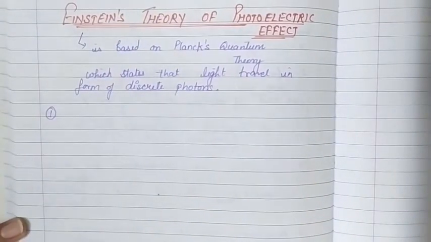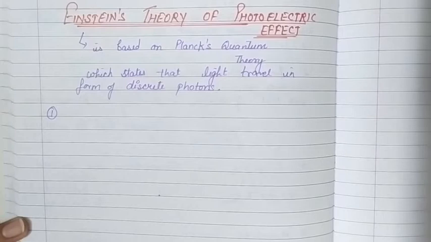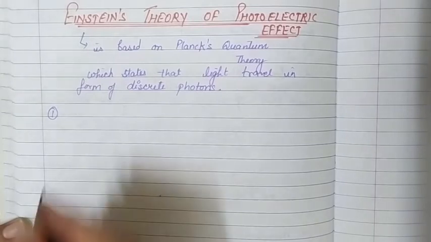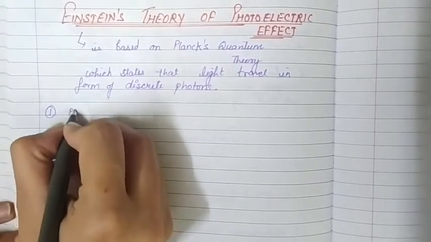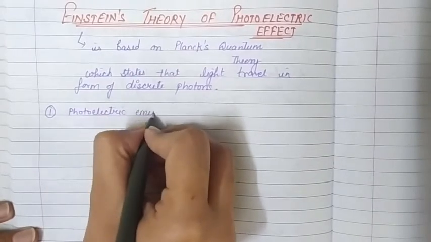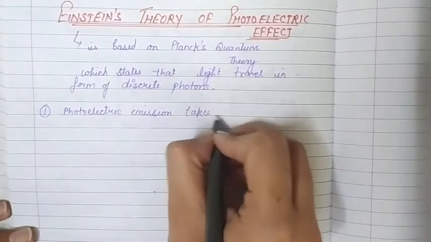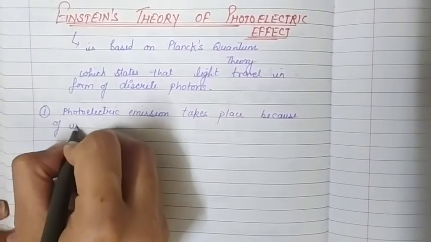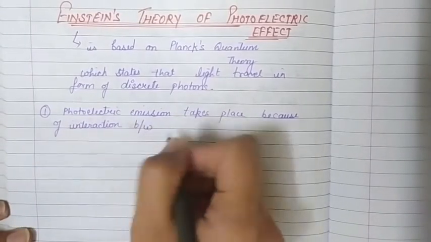Photoelectric emission is because of the interaction of two particles. The one is the photon, that is of the incident radiation, and the other one is the electron, which is of that photosensitive metal. So the first point of Einstein's theory of photoelectric effect is that this photoelectric emission takes place because of interaction between two particles.